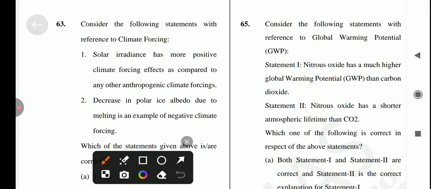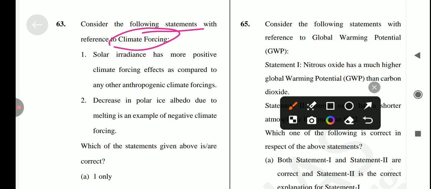Consider the following statements with reference to climate forcing. Okay, so first is: solar irradiance has more positive climate forcing effect as compared to any other anthropogenic climate forcing. Is it a true statement?